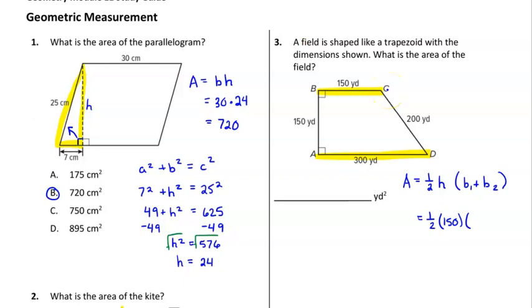And so it's going to be 150 plus 300, and I end up with 1/2 times 150 times 450. Go ahead and plug that whole thing in your calculator, and you should end up with 33,750. So 33,750 yards squared for the area of this trapezoid.